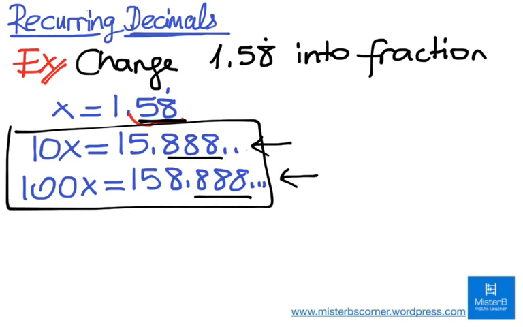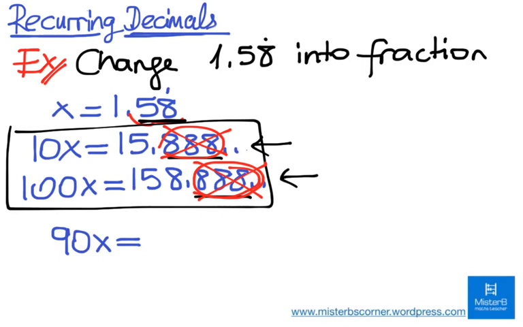So 100x minus 10x will be 90x, whereas when I take these away, just because the recurring part is the same, they will cancel each other out.